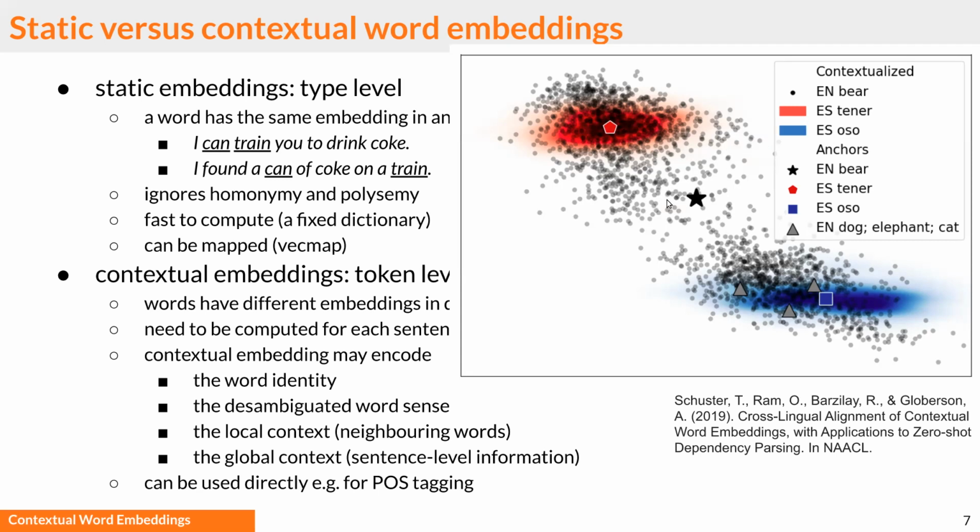So the visualization shows that this star is the average of all the English embeddings for bear, and the dots show the two clouds of the two meanings of bear in English.